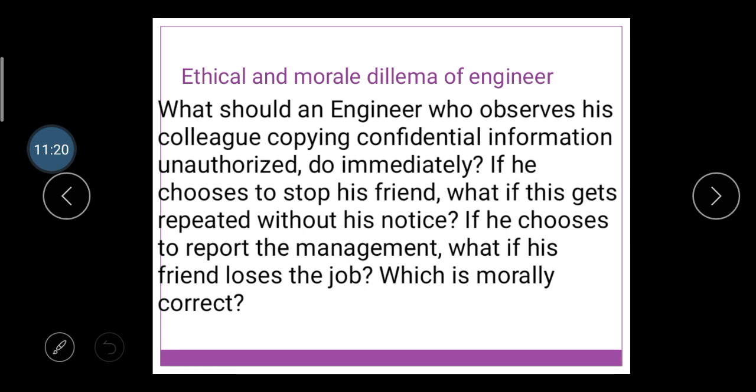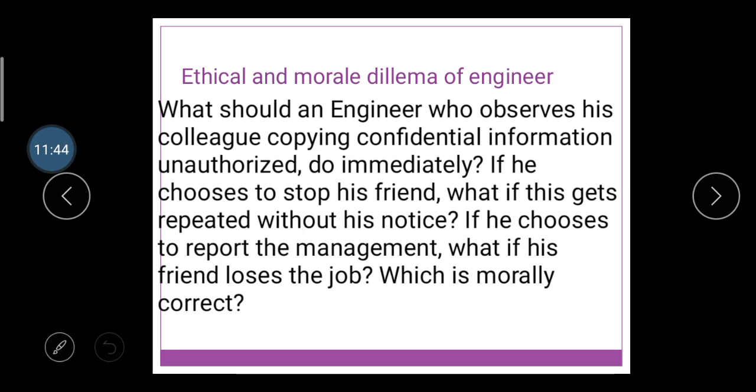At that time, if the engineer reports this person's details to the management, then management can fire the person from the job, and his friend can lose the job. And if he does not inform the management, then the overall organization can collapse, or the organization's secrets can be revealed or disclosed.